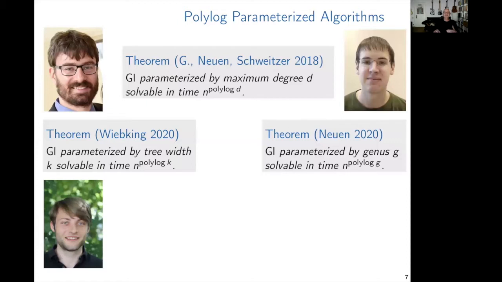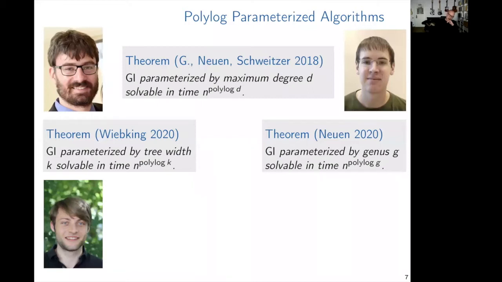So the genus of the graph is basically the minimum genus of a surface where we can embed the graph. So for example, if we can draw a graph without crossing on a torus, then its genus would be 2. Projective plane would give us a 1.